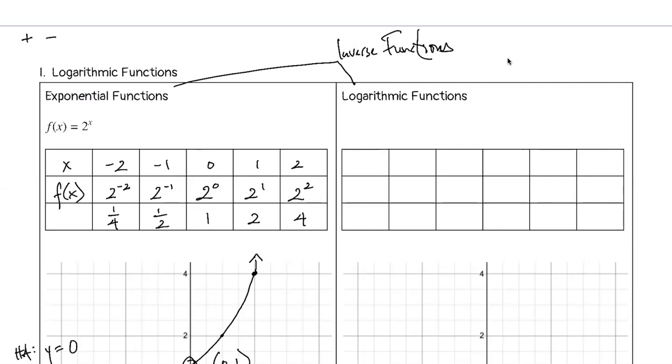So plus and minus, they undo each other. What's another pair of operations that undo each other? Multiplication and division. I love it. Those undo each other. What other pairs of operations undo each other? Let's get a little fancier, more like middle school or high school math.